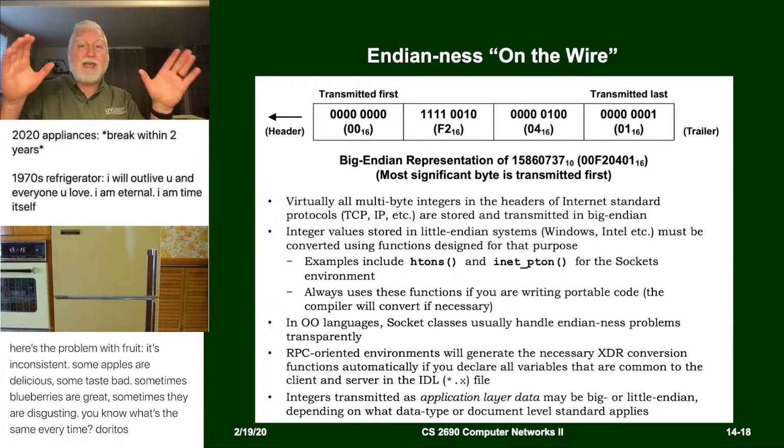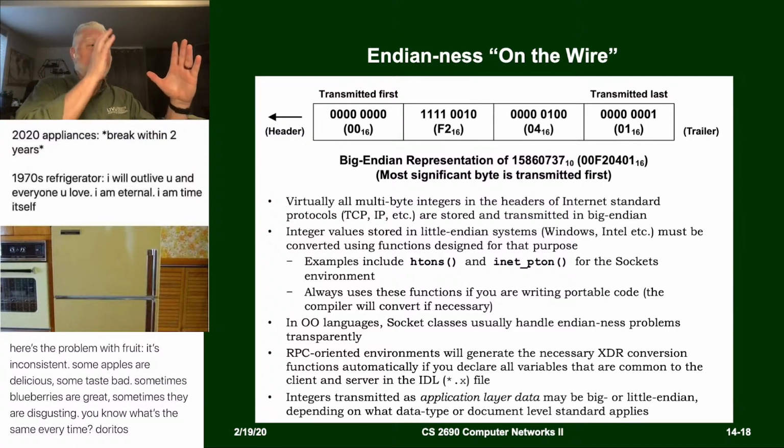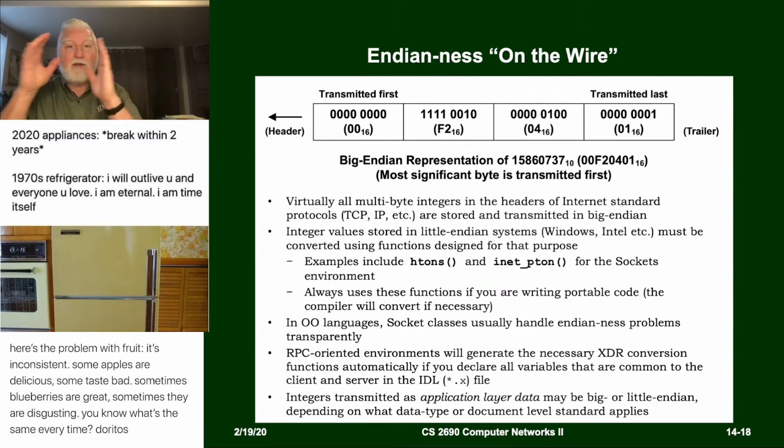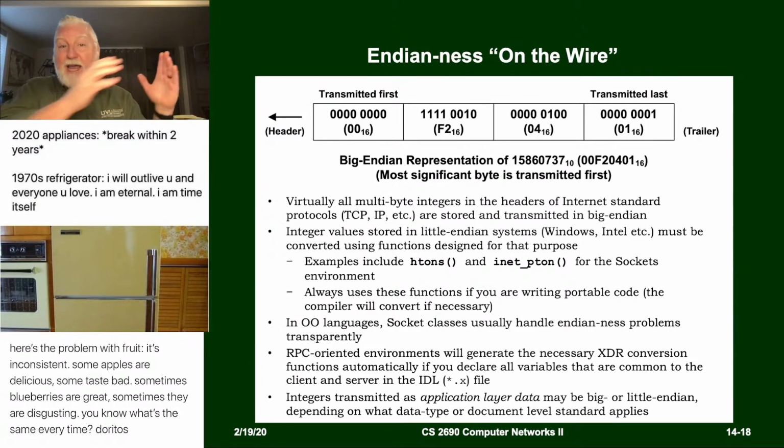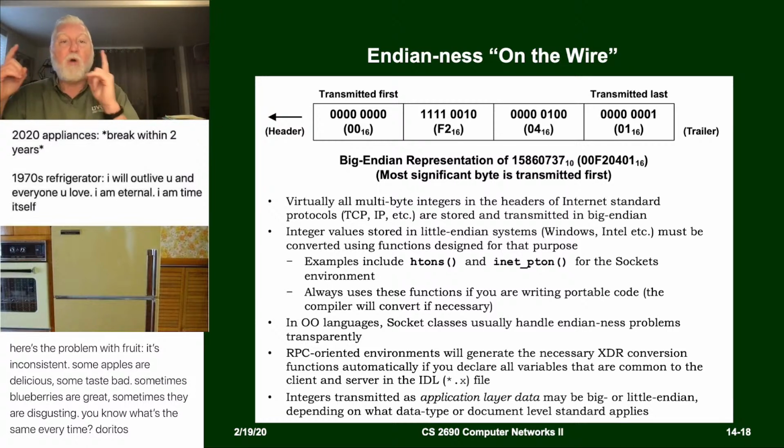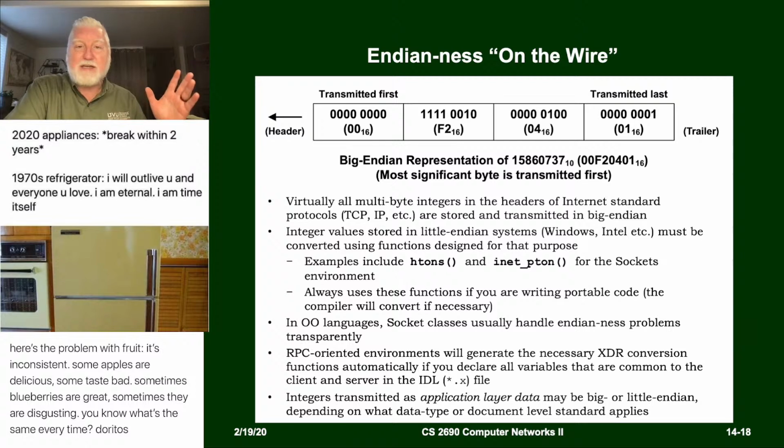Do I start at the big end and chunk it going from big to small, higher order to lower order, or do I send it lower order to higher order? It's an issue where, when I'm working within an architecture, it doesn't matter because it's going to be consistent within a machine. But now we're sending integers, or we could be sending a 64-bit long integer to another machine.